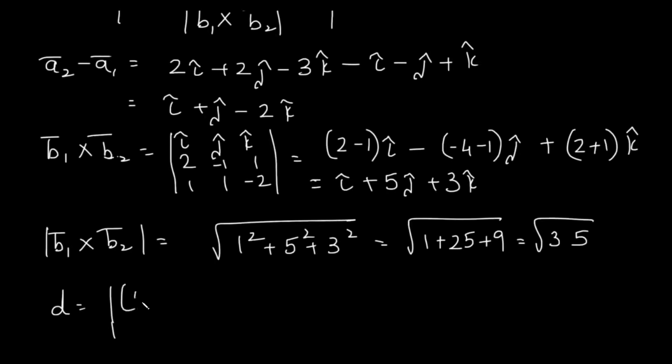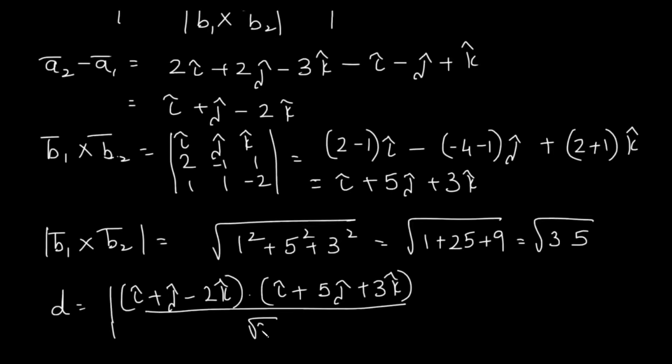So here i plus j minus 2k dot i plus 5j plus 3k upon root of 35, which gives us 1 into 1 plus 1 into 5 plus minus 2 into 3.